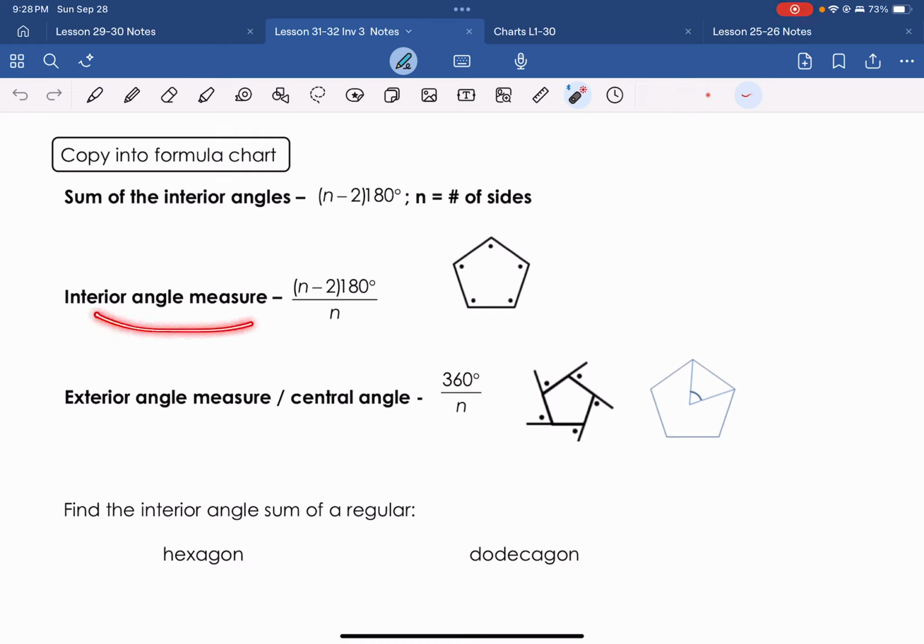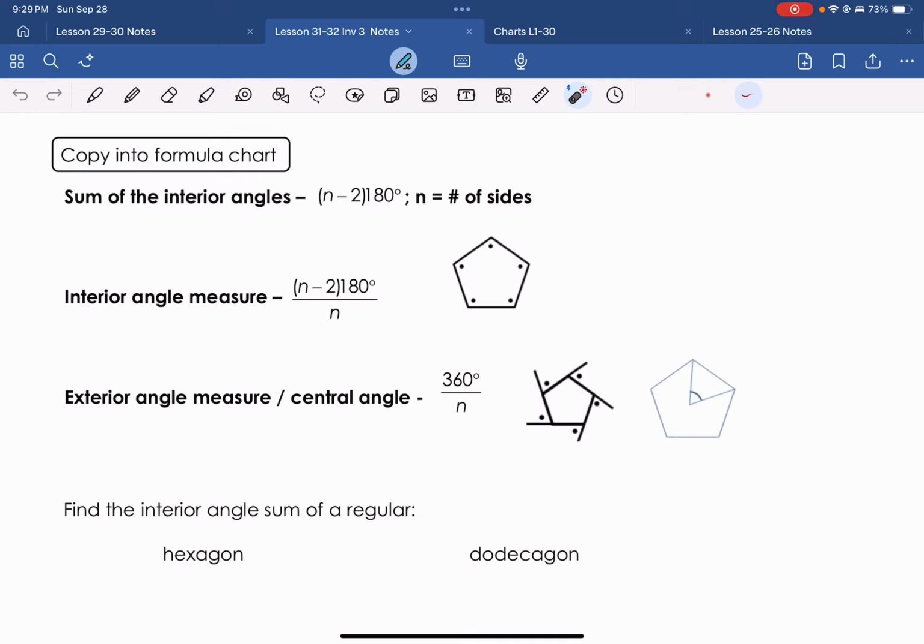Now, what if I just wanted to find one angle, not the sum of them added together, but just one of them? Well, then I would use this formula right here. Notice how the numerator looks exactly like this formula, but then one extra step is involved, which is dividing by the number of sides. Okay?